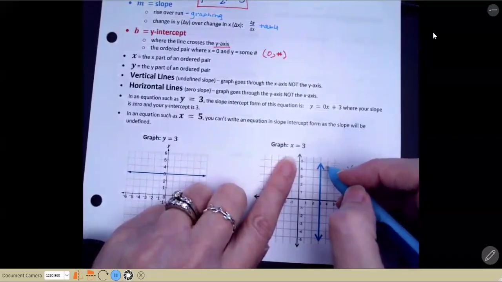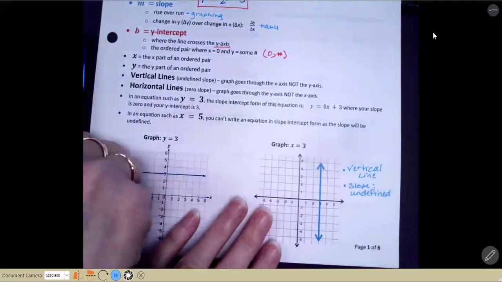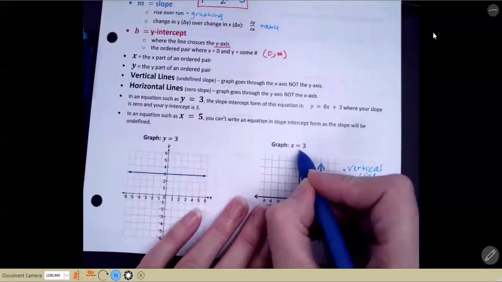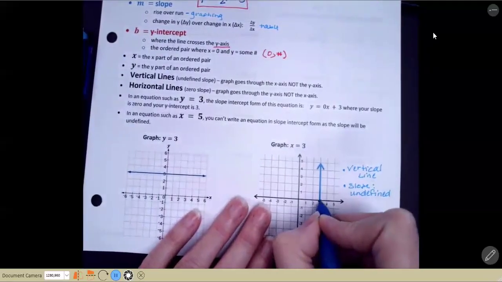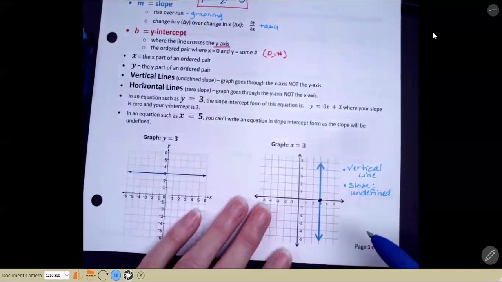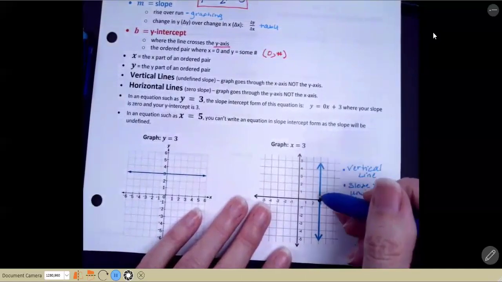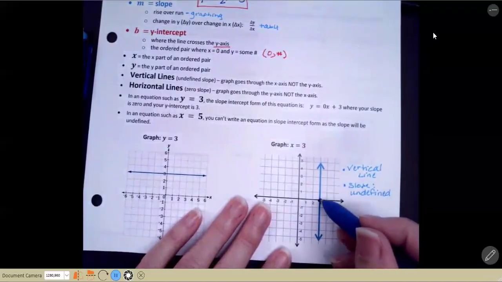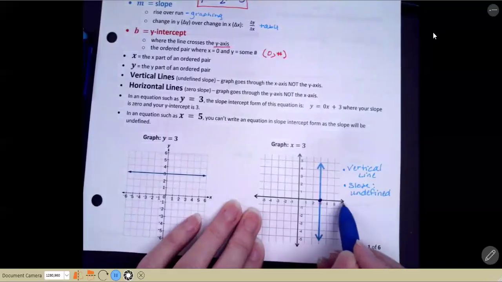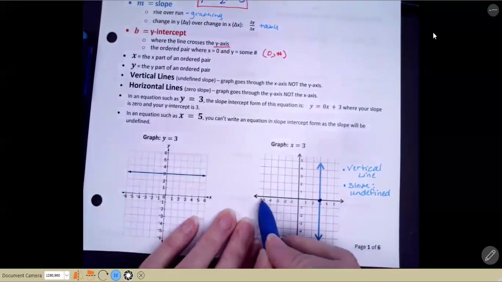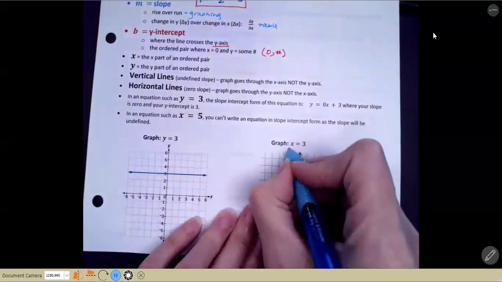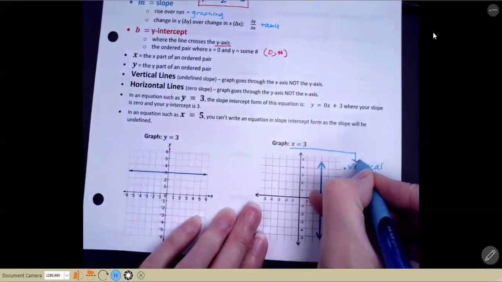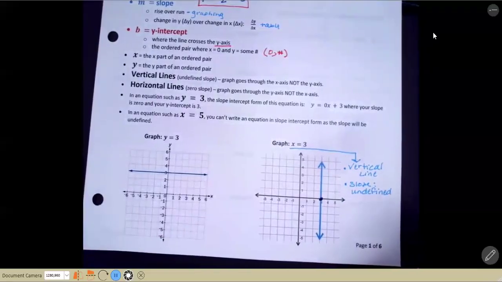Whenever you see an equation like this, you're going to plot a point, plot 3 on the x. You're going to draw your line through the x-axis at 3, not along the x-axis. A lot of students will try to draw it horizontally. But anytime you have something like x equals 3, it is going to be a vertical line with a slope that's undefined.